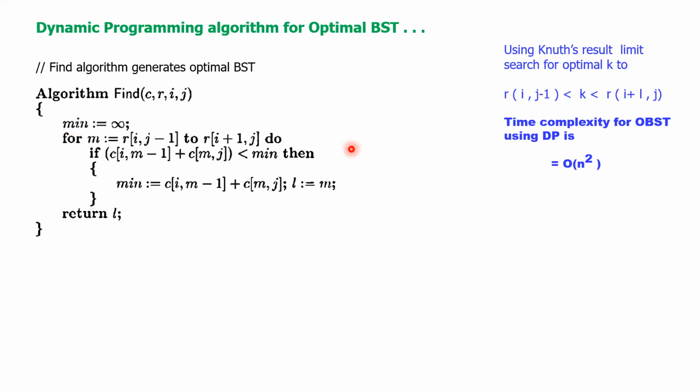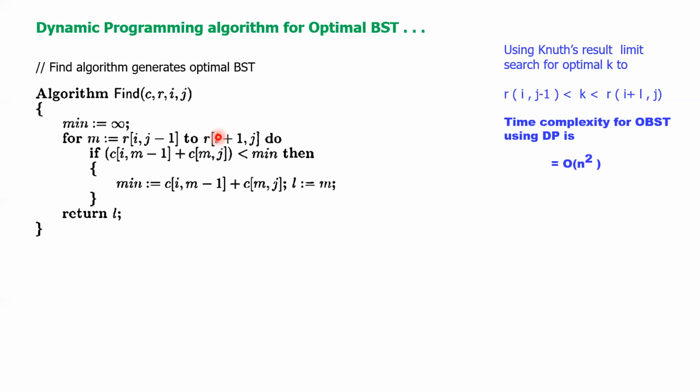Right? So the time complexity of this dynamic programming algorithm for OBST is big O of n square if you are using Knuth's result to limit the values of k for checking. So this find algorithm will take different values of k and check for the minimum cost function.